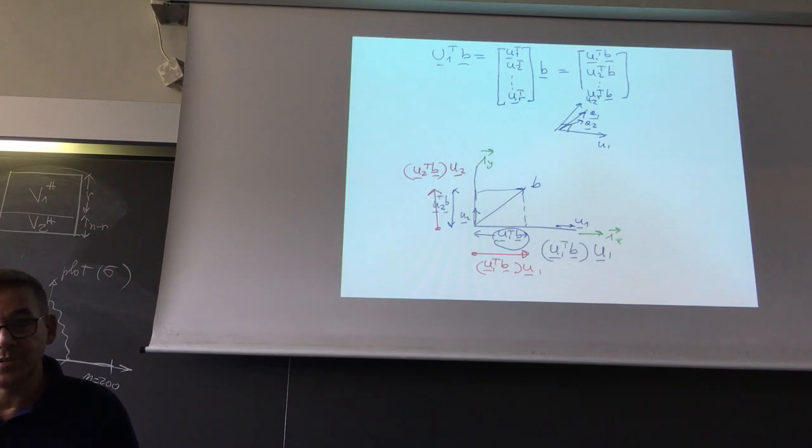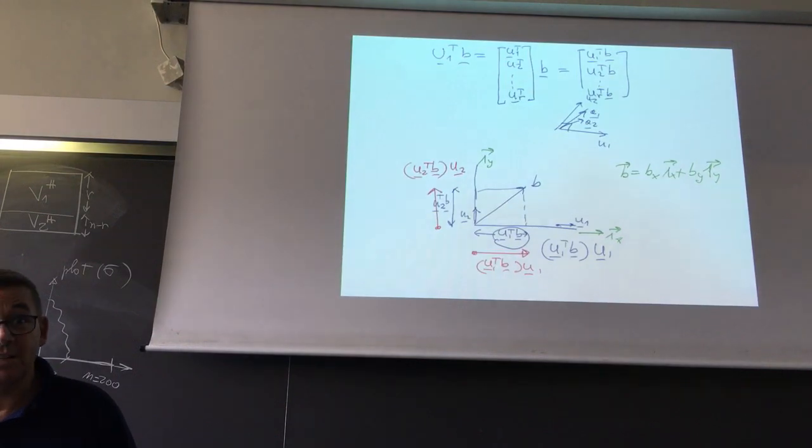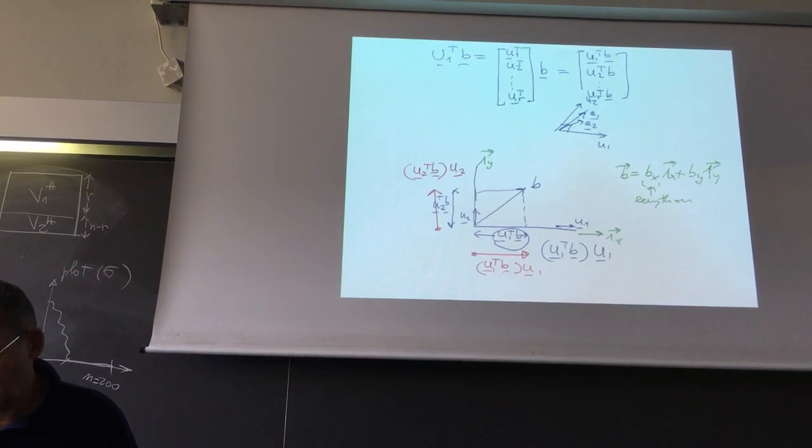So how is B? The vector B is the component x, U1x, plus the component y, U1y. You recognize that? What is this? This is the length on x, and that is the length on y.